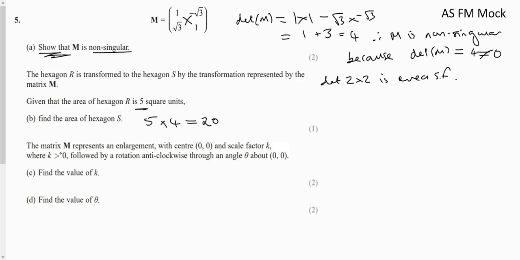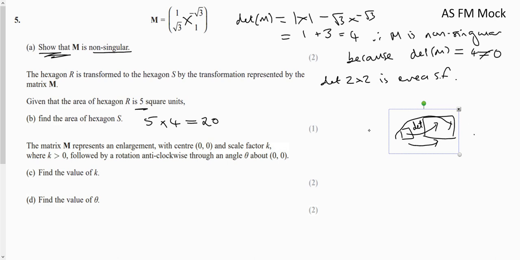Okay, so now our matrix M is going to be an enlargement with scale factor k, where k is greater than 0, followed by a rotation anticlockwise through 0, 0. Now, determinant is area scale factor. But remember that an enlargement is how much you multiply the sides by when you enlarge your shape.